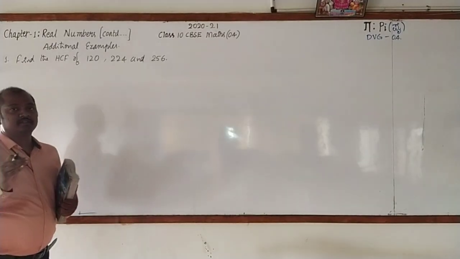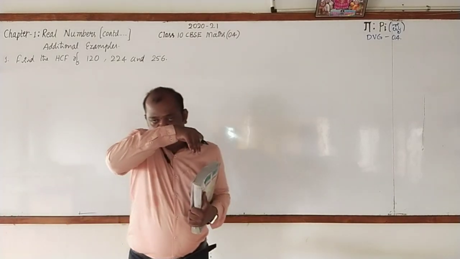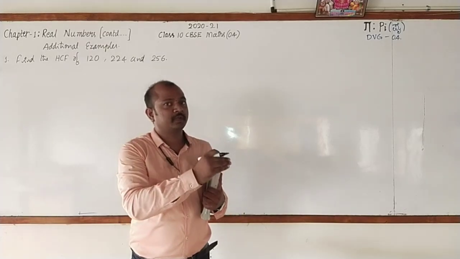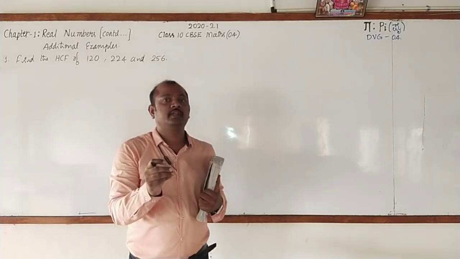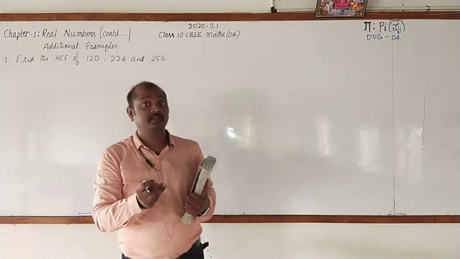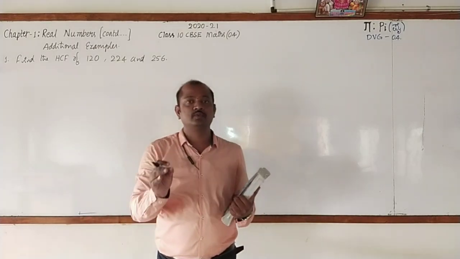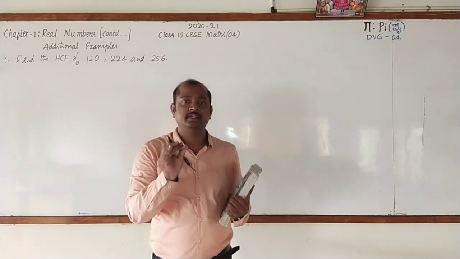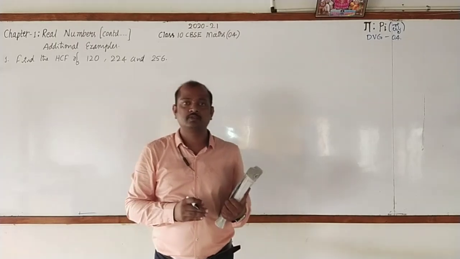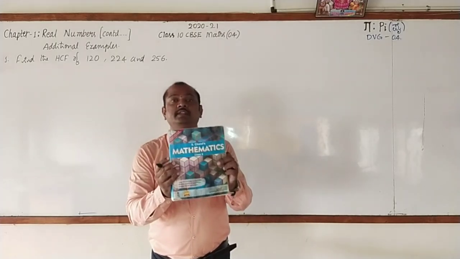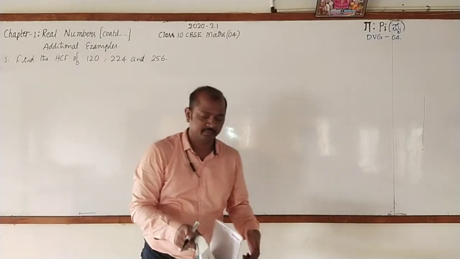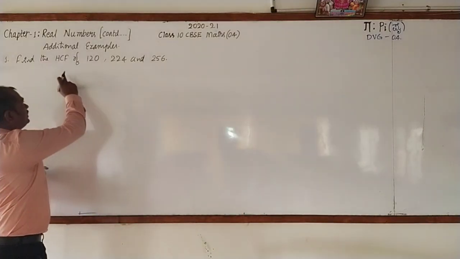Yes, dear students, we have just finished exercise 1.1. With respect to this, let us take a few additional problems from reference books. So as I said in the beginning, we are going to use the reference books. One is S. Chand, second one is R.D. Sharma. In forthcoming days, other books will also be used. See, this is S. Chand. From this, I am going to take one problem that has already been written on the board.